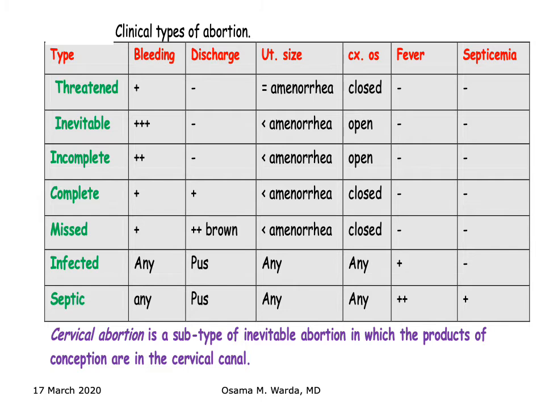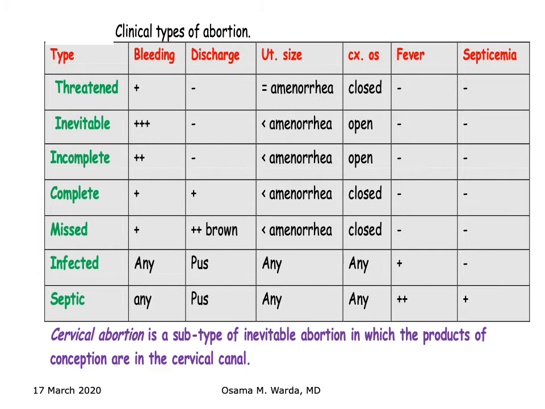The clinical types of abortion include threatened abortion. In such a case, the bleeding is minimal to moderate. There is no discharge. The period of amenorrhea is equivalent to the size of the uterus. The cervix, when digitally palpated, is closed with no fever and no septicemia.